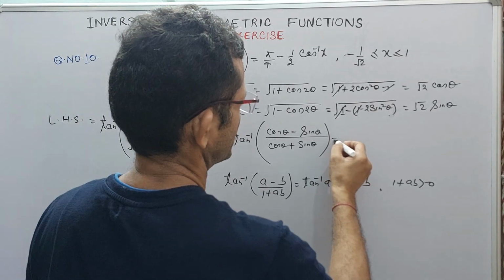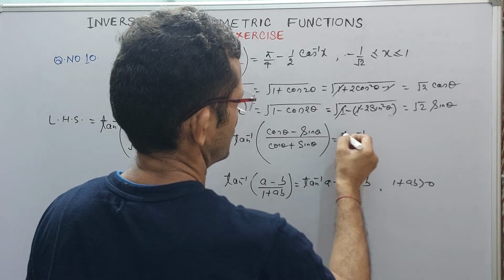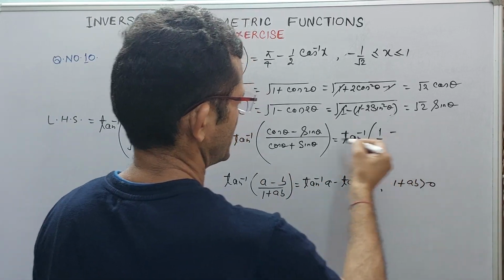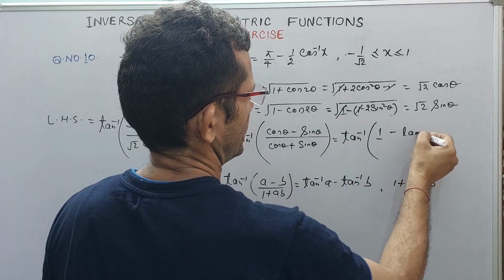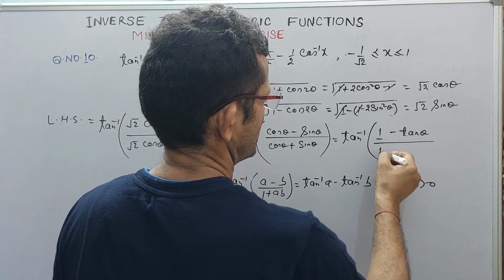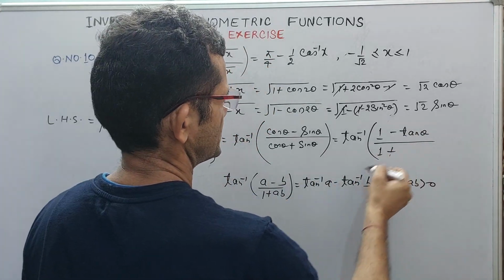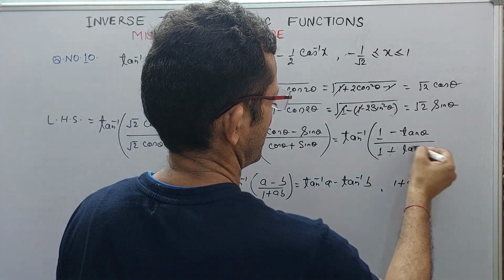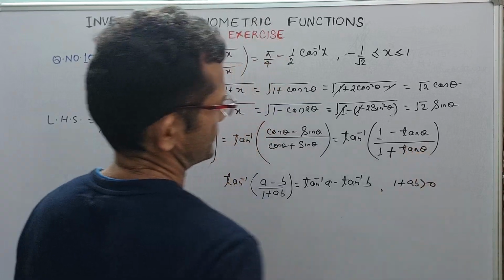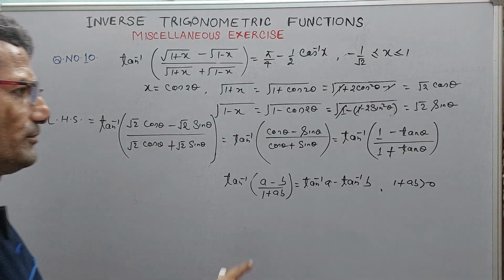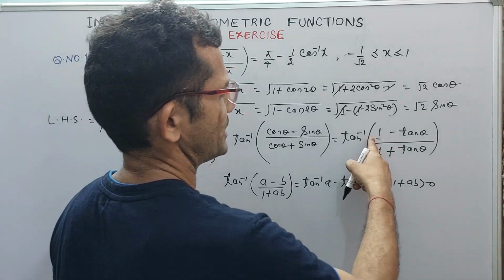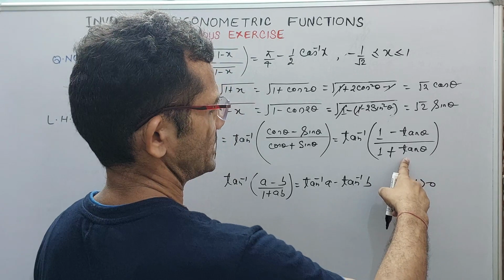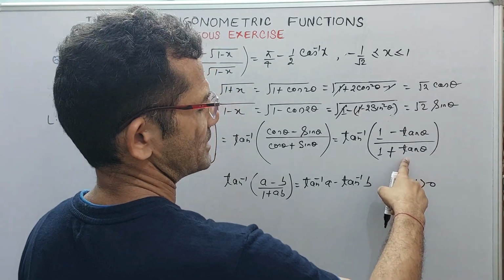So now dividing the numerator and denominator by cos theta, this cos upon cos is 1, and minus sin by cos is tan theta, divided by 1, and plus sin theta by cos theta, which is tan theta. So now this is this one. We need 1, and this 1 is replaced by tan pi by 4. Tan pi by 4 is 1, and multiplied here with tan theta, so we write tan pi by 4 into tan theta.